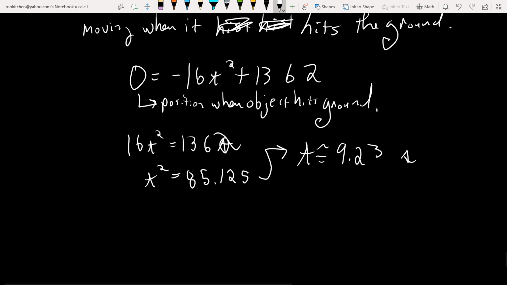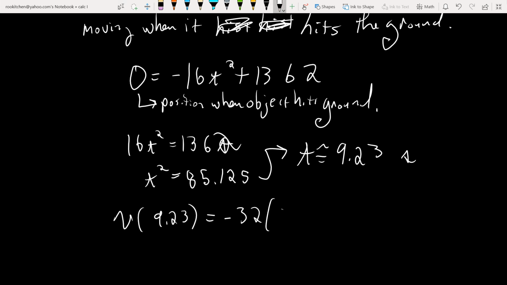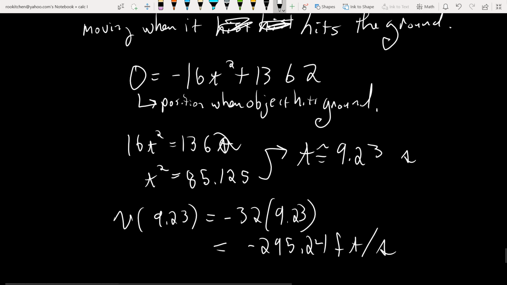Then we plug that into our velocity function. Negative 32 times 9.23 equals negative 295.24 feet per second. And that's the speed when it hits the ground.